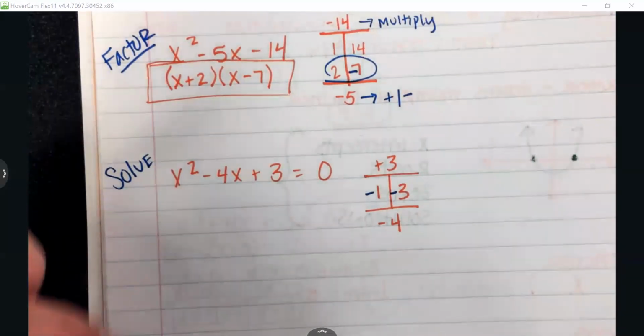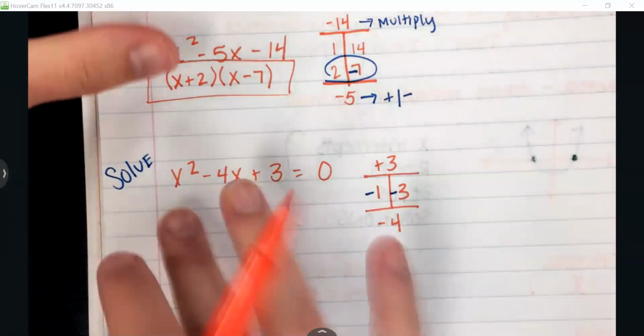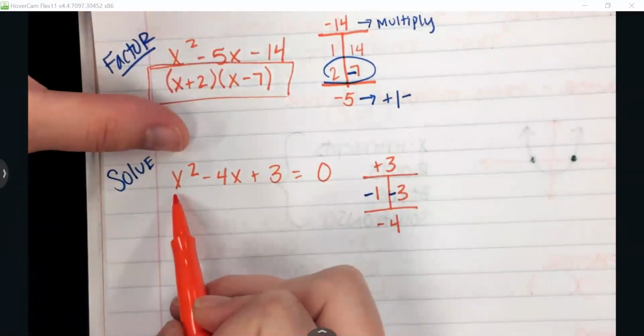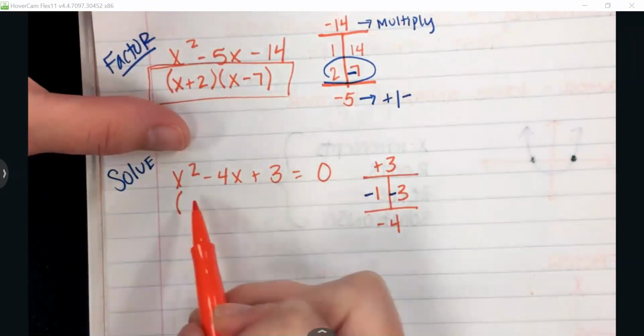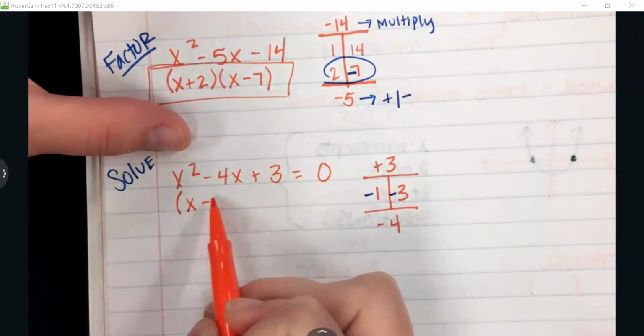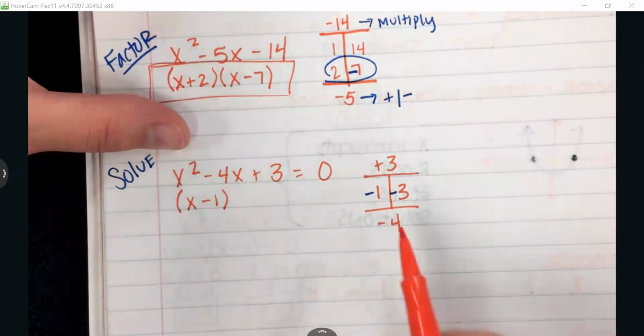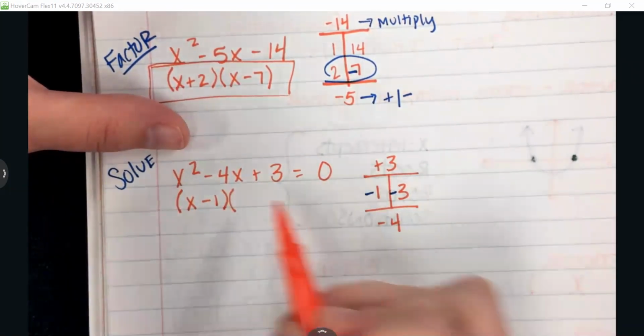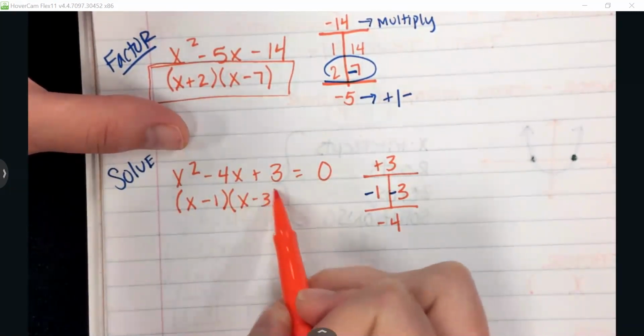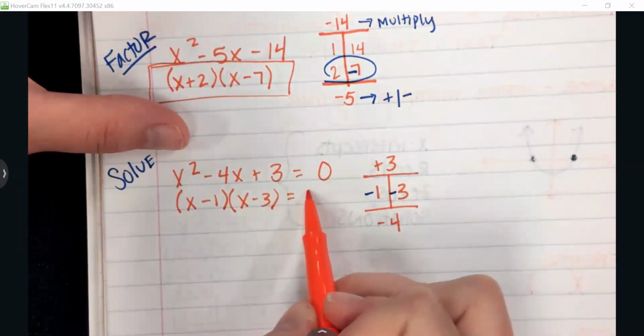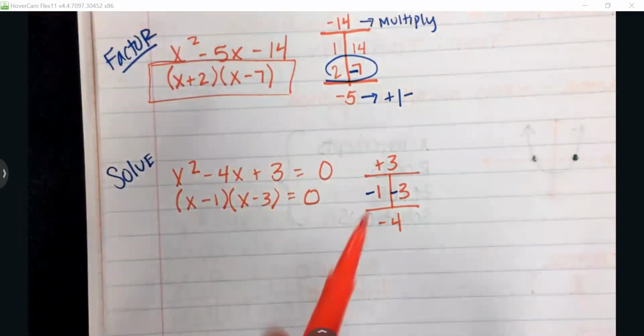Gives me a negative 4. So let's go put it in my parentheses. What's my first parenthesis going to say? X minus 1. What's my second parenthesis going to say? X minus 3 equals 0.